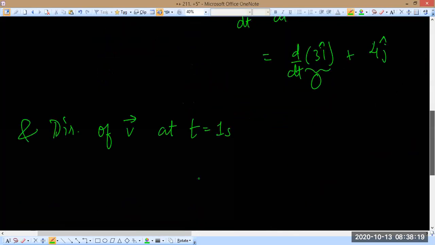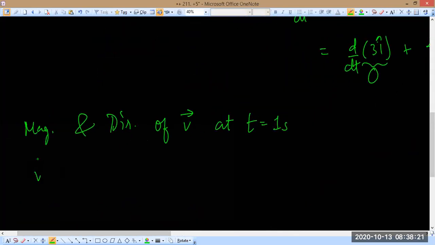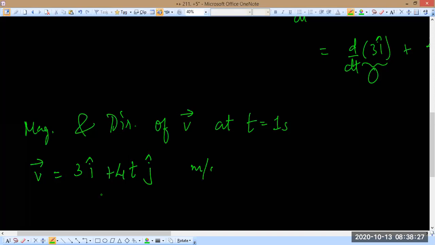So that is v vector equal to 3I caret plus 4tj caret meter per second. First of all, magnitude of velocity. That is a known animal, isn't it? What is that called? Magnitude of velocity. What is that called?